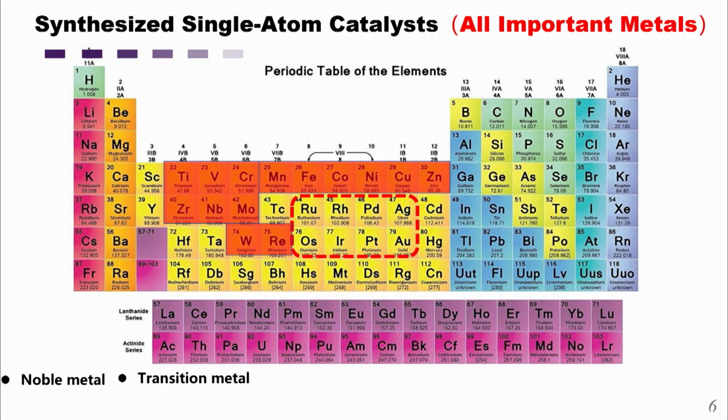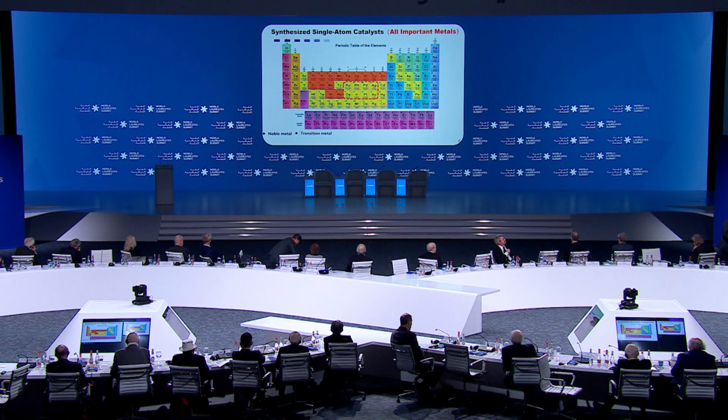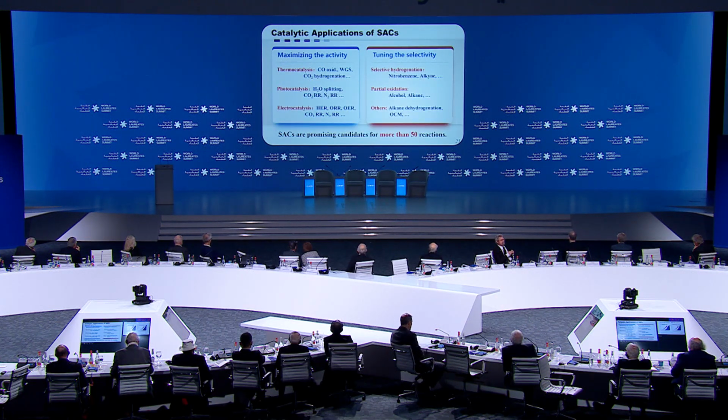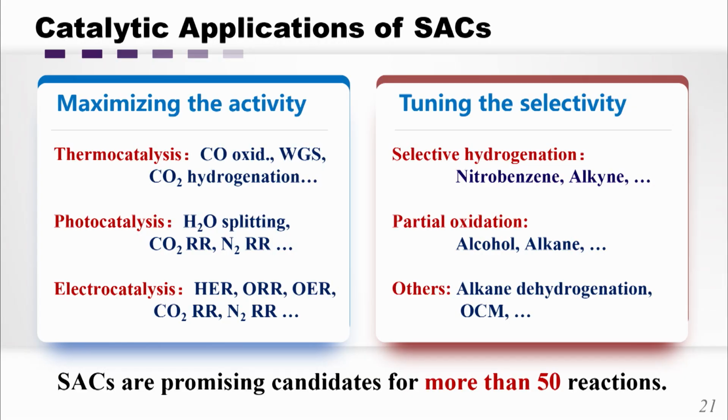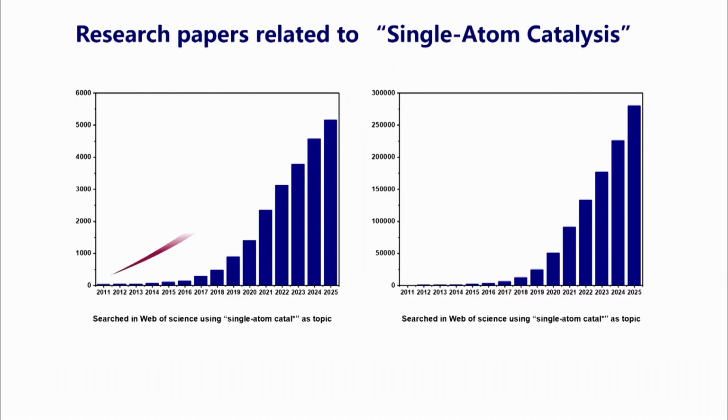Although we began with noble metals, now almost all the important metals in the periodic table have been reported as single atom catalysts. And up to now, more than 50 reactions have been reported to use single atoms to obtain very good performance, not only activity but also selectivity.